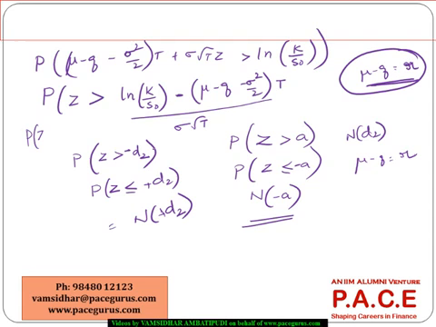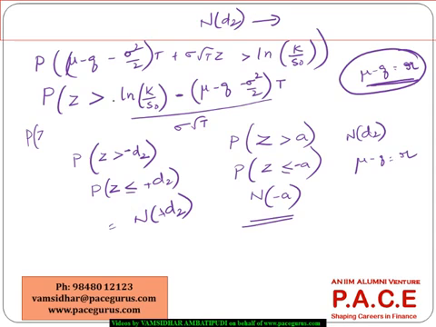When we are assuming that the underlying asset, net of its dividend, is growing at the constant risk-free rate, I can very well assume that the probability that the call option will expire in the money is just n of d2. So n of d2, which we are using in the Black-Scholes formula, is nothing but the probability that the call option will expire in the money under the assumption that mu minus q is equal to r.